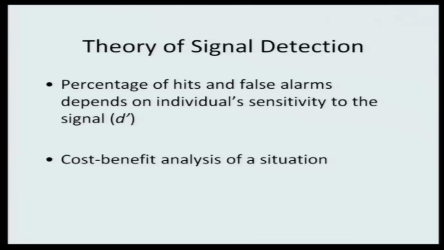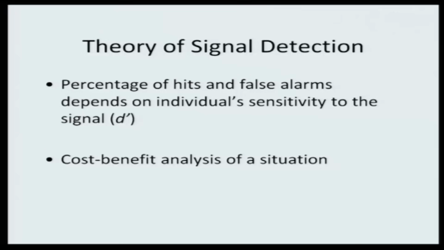Now, the percentage of hits and false alarms depends on the sensitivity of the operator to the signal. Signal has strength, which we have discussed till now, and it is the strength of the signal which plays an important role. Stronger the signal, higher are the chances that we will detect it.